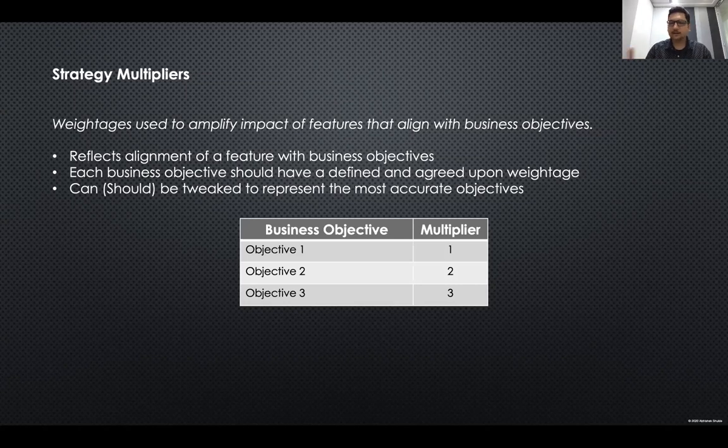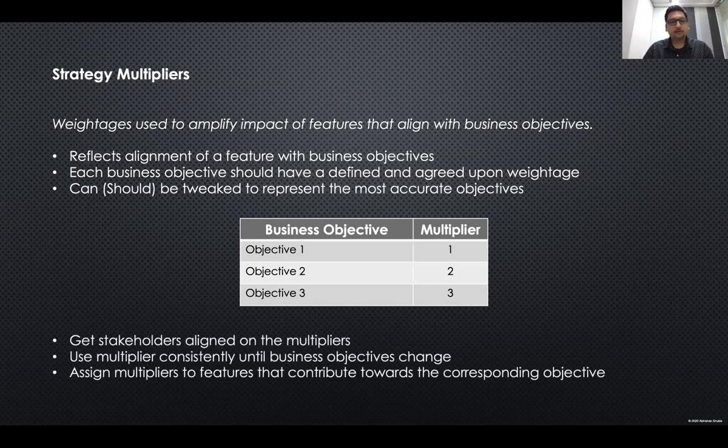Because again, the business dynamics is fluid, the way in which the company is operating changes. So you should tweak these weightages, the multipliers, to represent the most accurate and most recent objectives. So in case there is a change in the priority for the company, make sure that you're going back to the multiplier table and making the right changes, right?